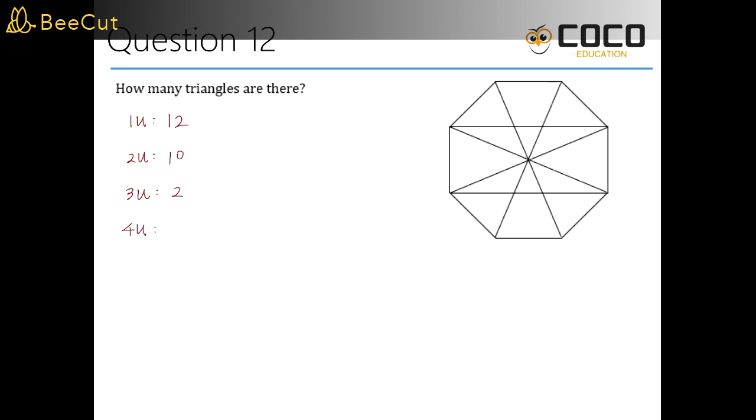Those with 4 regions, there's 1, 2, or you can cut it the other way, 3, 4. Then we add all the triangles together: 12 plus 10 plus 2 plus 4. The total is 28.